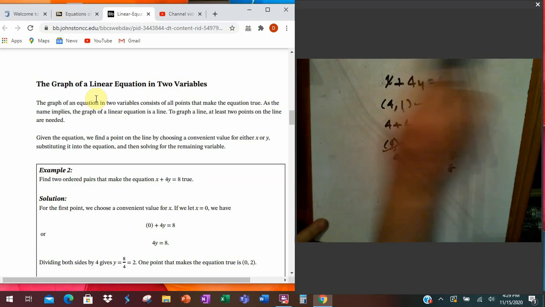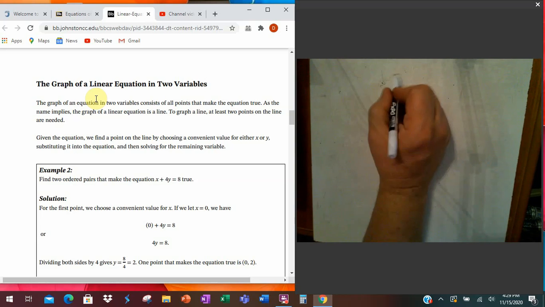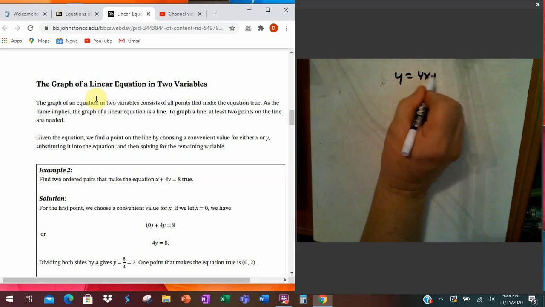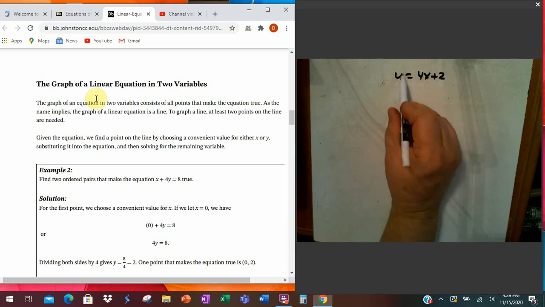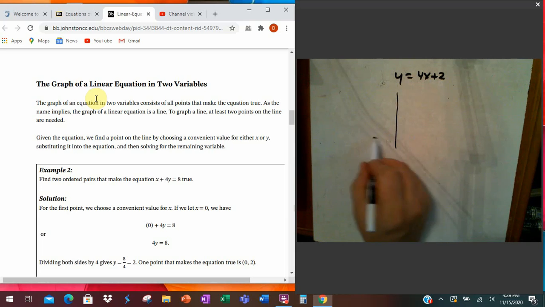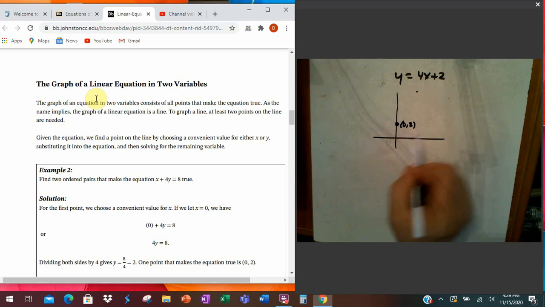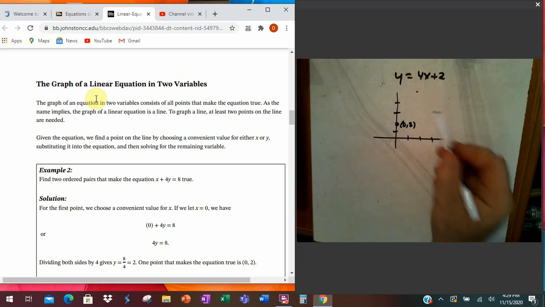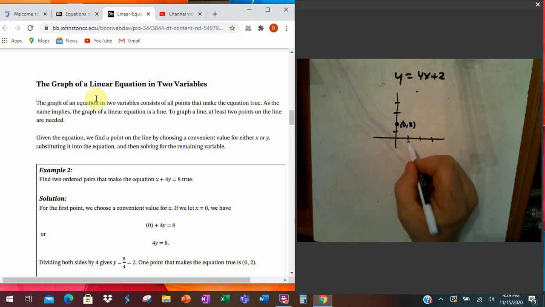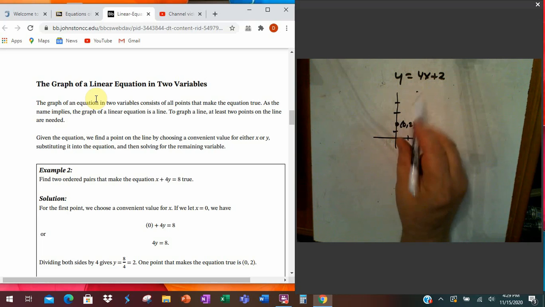Basically, if you're doing something like the line y is equal to 4x plus 2, you're picking the x's and calculating the y. If I pick 0, this is just 2, so (0, 2) would be up there. For every 1 I go over to the right, I go up 4.